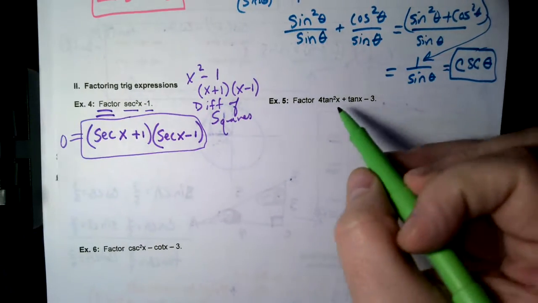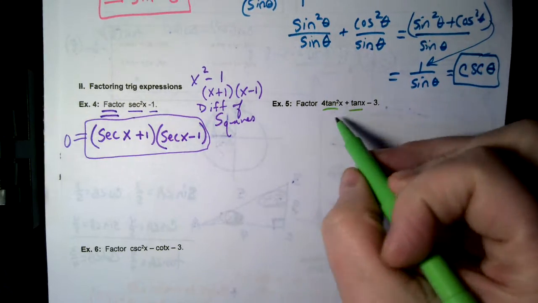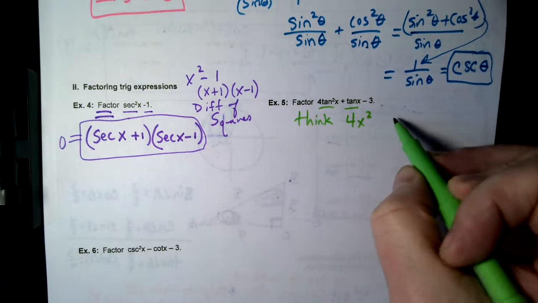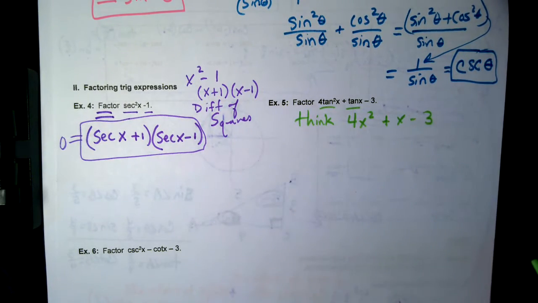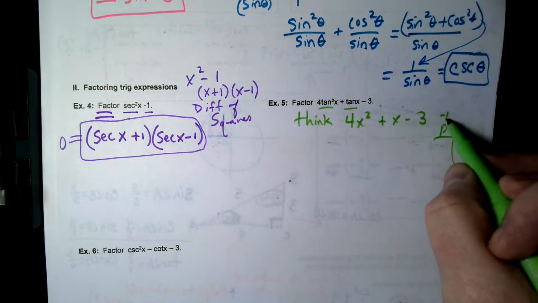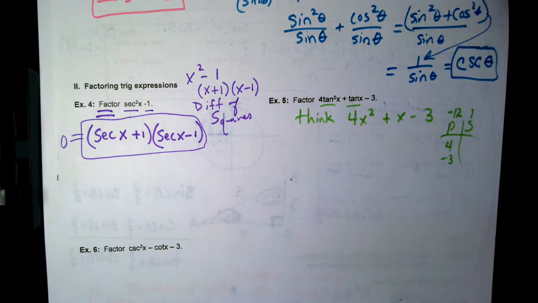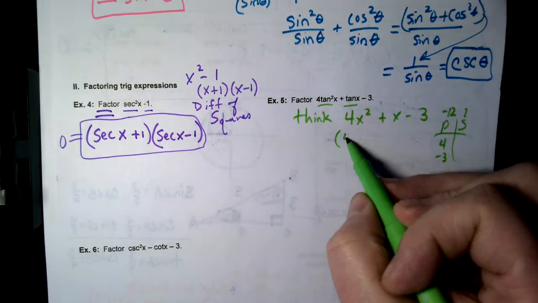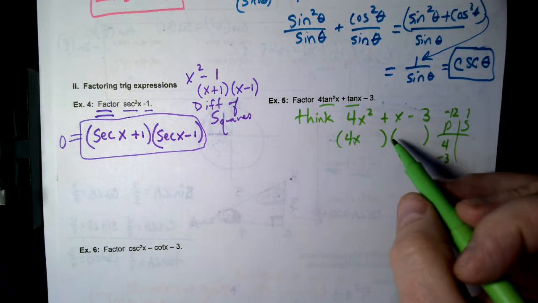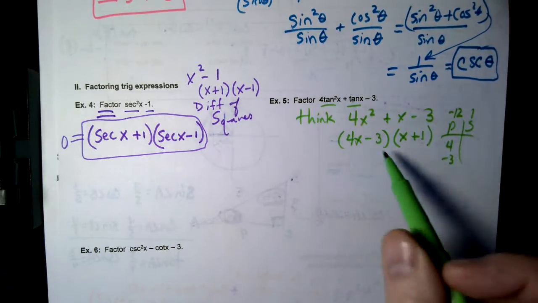All right, factor this one. If I got 4 tan squared x, so they're both tangent, I could think, well, what if it said 4x squared plus x minus 3? Well, I could do product sum. Multiply to be negative 12 and add to be 1. That would be 4 and negative 3. So that would be like a 4x minus 3 and x plus 1.